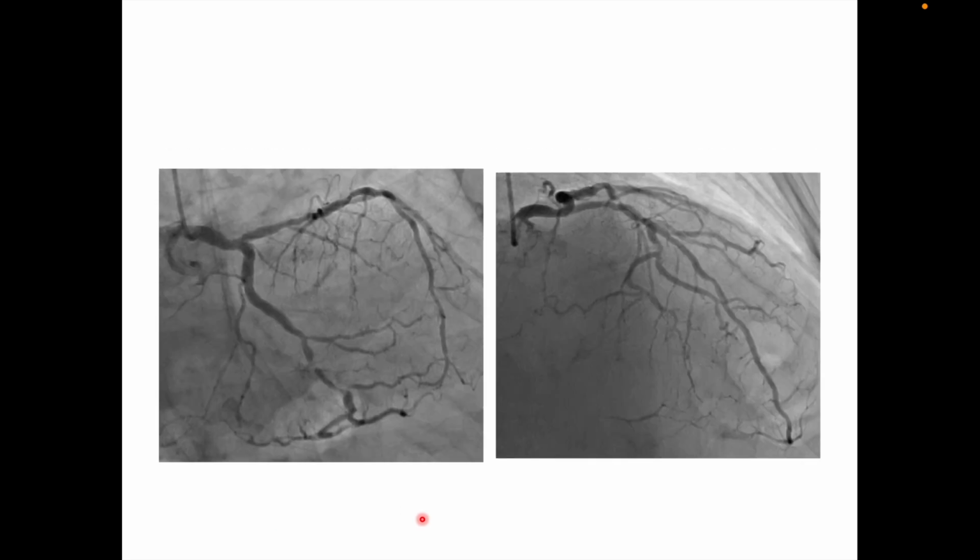So now I've focused it for you. You can see there is moderate disease in the distal left main, some degree of moderate disease in the ostial LAD, some diffuse disease in LAD here, critical circumflex, you can see again the LAD, but you don't see anything critical in LAD as such.